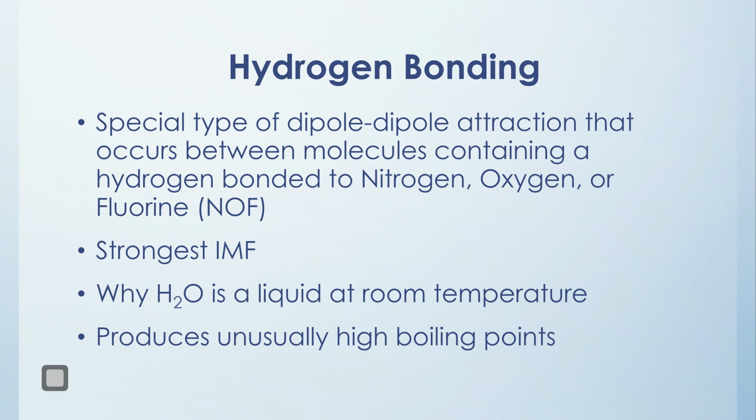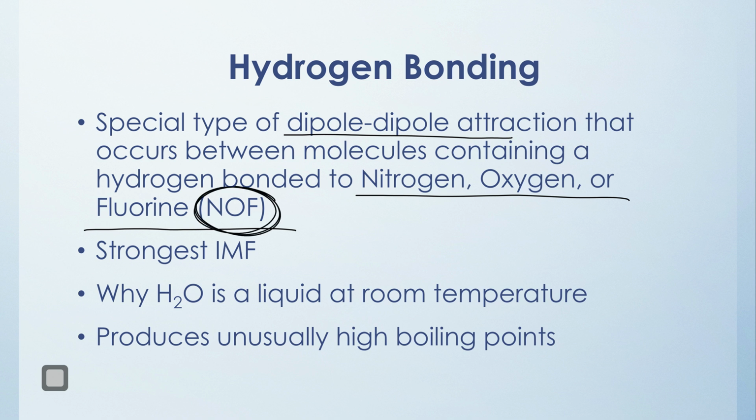All right? Then we have hydrogen bonding. First and foremost, hydrogen bonding is a type of dipole-dipole attraction. So this is sometimes confusing. Hydrogen bonding is dipole-dipole, but it occurs specifically when nitrogen, oxygen, or fluorine, which we try to use this little NOF acronym, when those three elements are attracted to hydrogen, then we create a hydrogen bond.